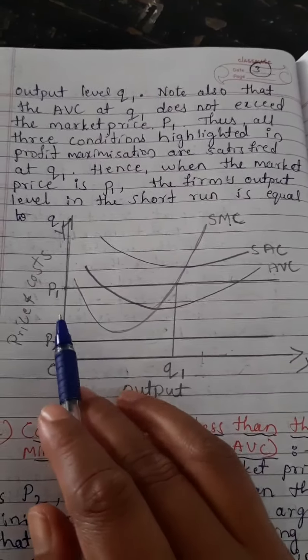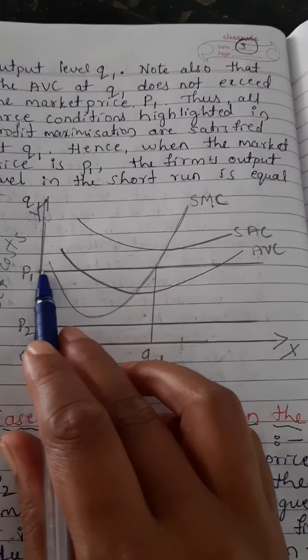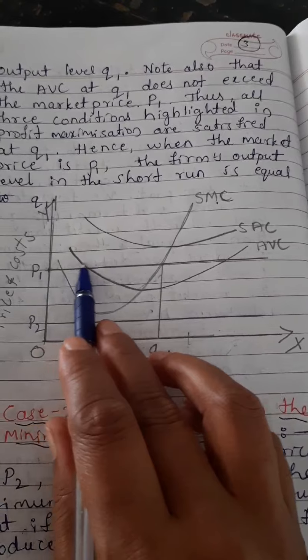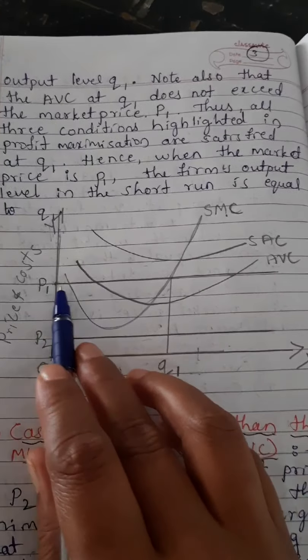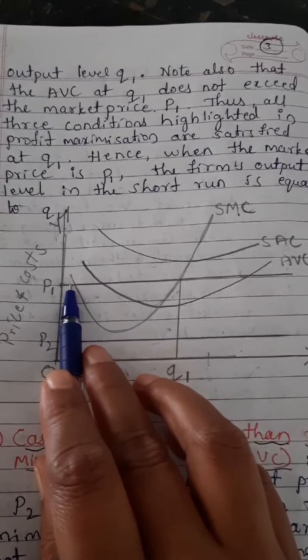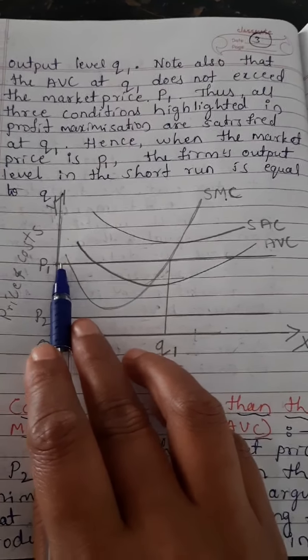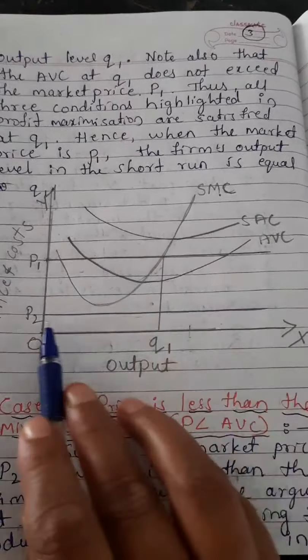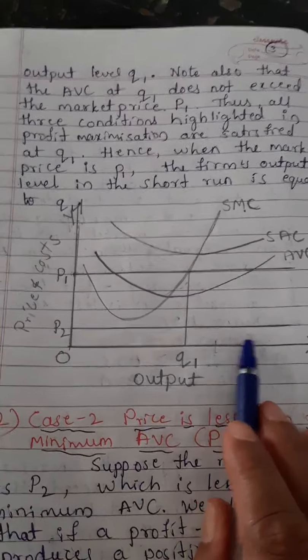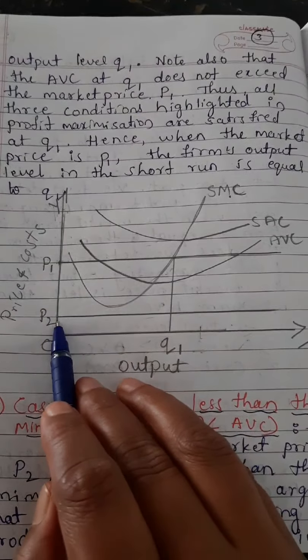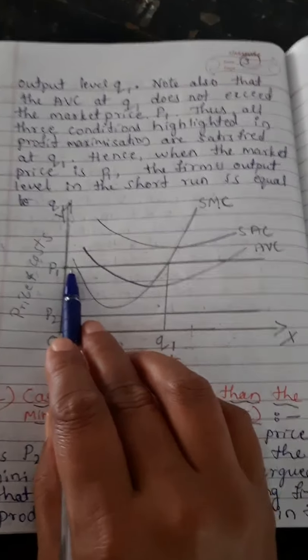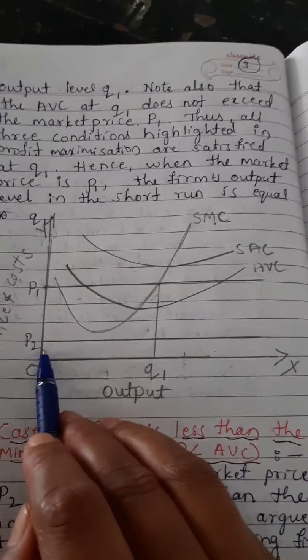For example this one is price 1, it is a price line, also called MR, and next the AC curve and MR curve. This one is the P1 price, and this is also the P2 price line. Here price is decreasing, P2 means lower price, and P1 means higher price compared to P2.